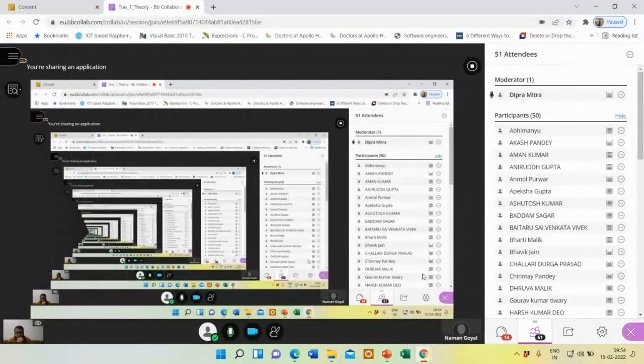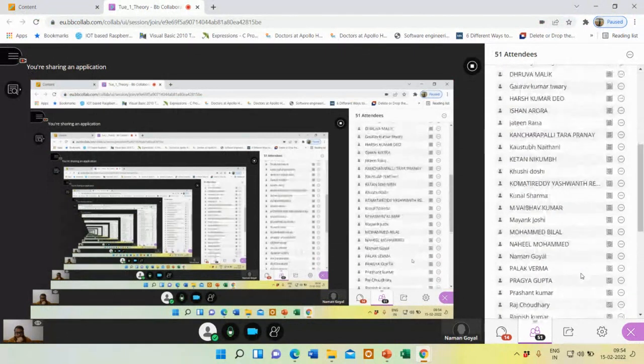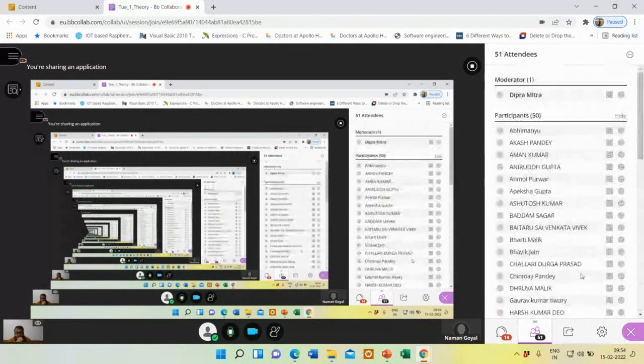Anyone? Hello everyone. Can you please let me know? Bubble sort, I think it is known to everyone, right? So now what I'm telling you, try to find out the recursive function of bubble sort.